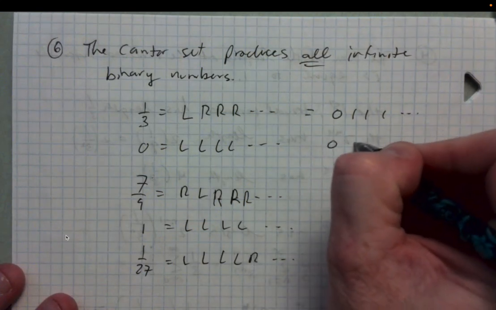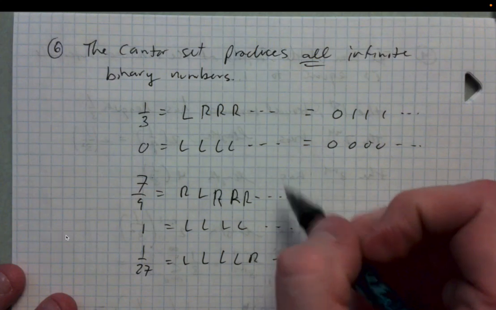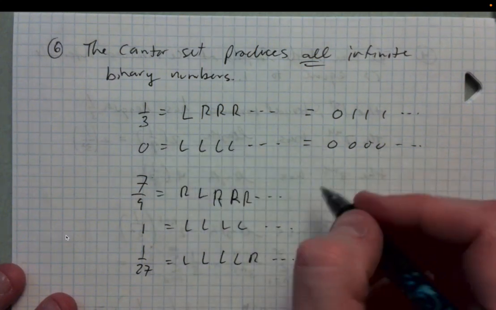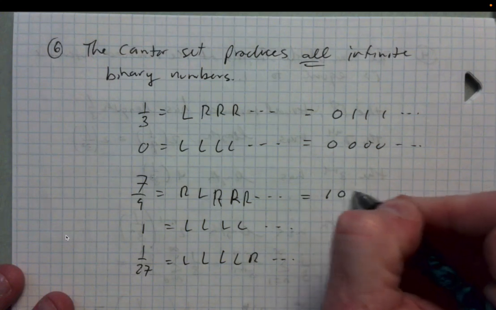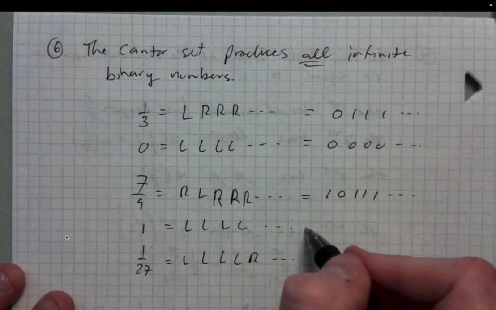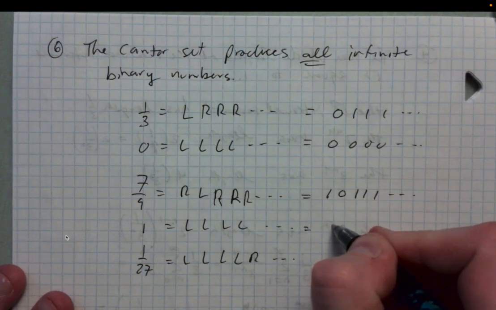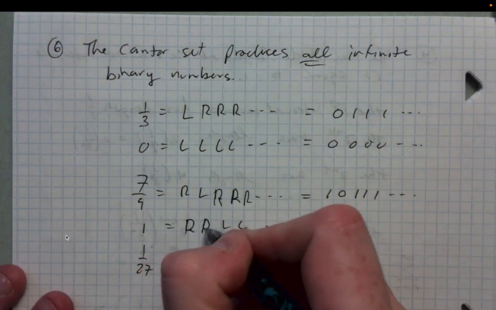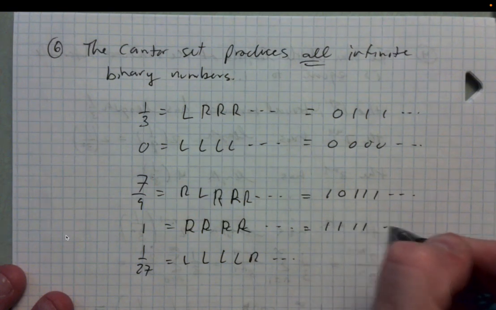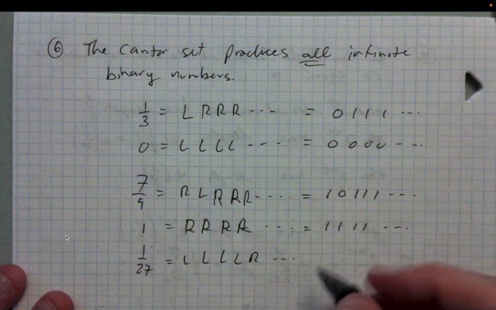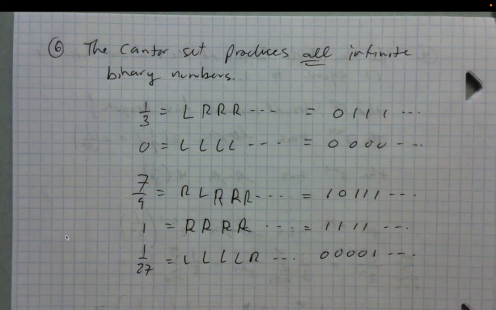So 1/3 would be 0, 1, 1, 1. 0 in binary is all zeros. 7/9 in binary would be 1, 0, 1, 1, 1, all ones. Oh, sorry, you guys are probably very confused. 1 would be all 1s. And 1/27 would be 0, 0, 0, 0, 1, and then followed by all 1s.